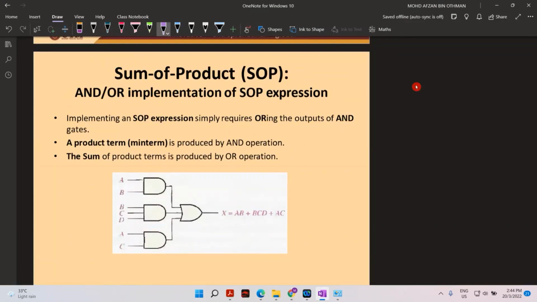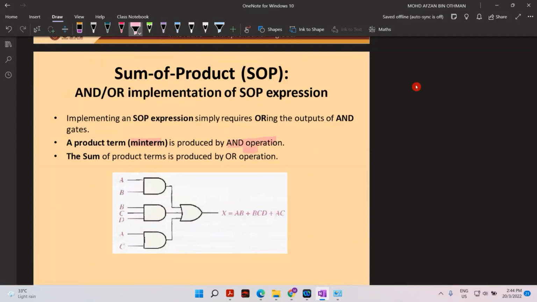Okay, so that's why we call it a sum of products. Okay, a product term, sometimes we call it a min term. Okay, it has two names. One is min term, one is product term. It is produced by an AND operation. So every time you come across min terms or product terms, you know they are produced by the logic AND operation.